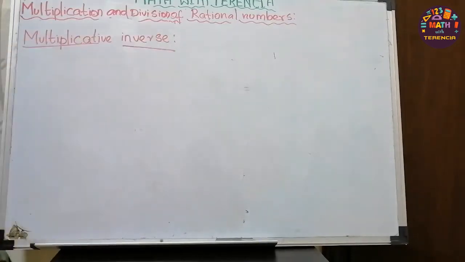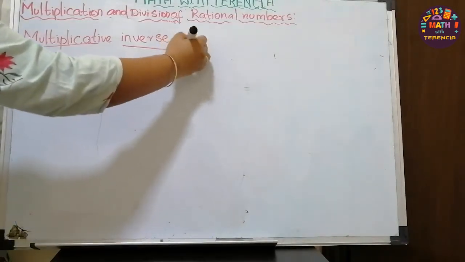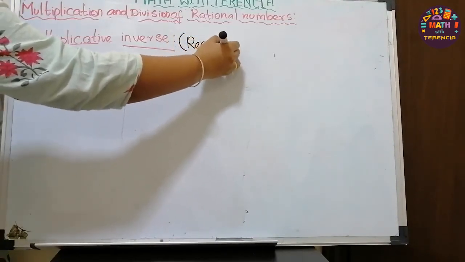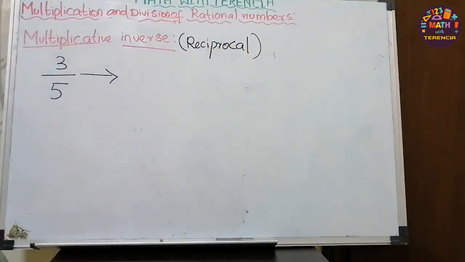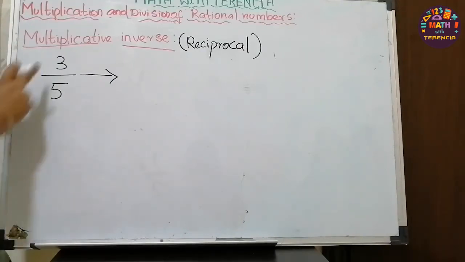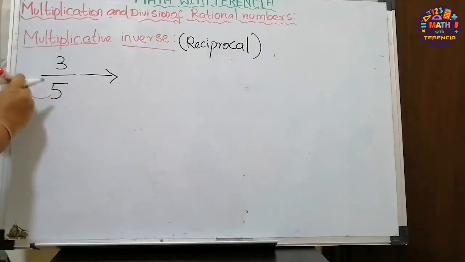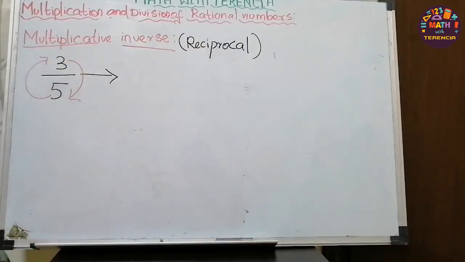What is the multiplicative inverse, or reciprocal? For 3 by 5, the reciprocal or multiplicative inverse is found by changing the denominator to the numerator and the numerator to the denominator.